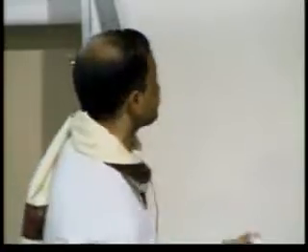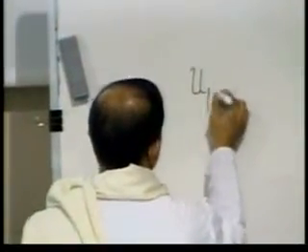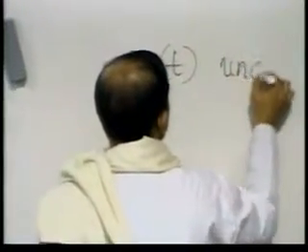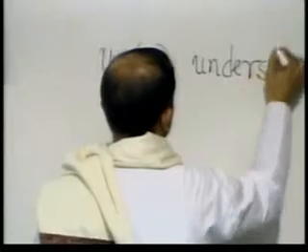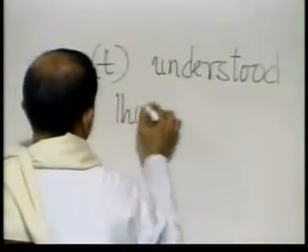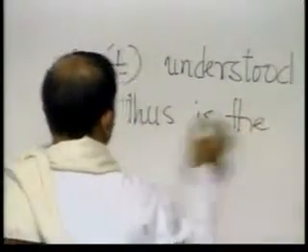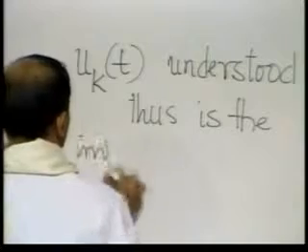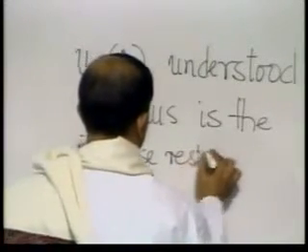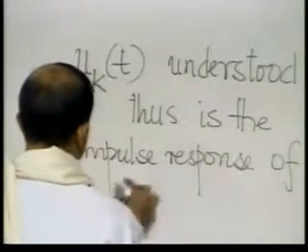So in general, U_k, understood this way, is the impulse response of a kth order differentiator.